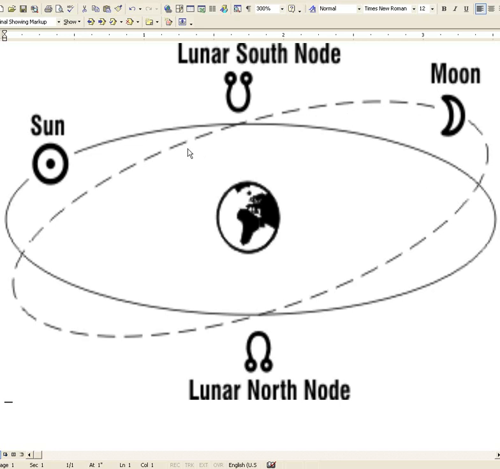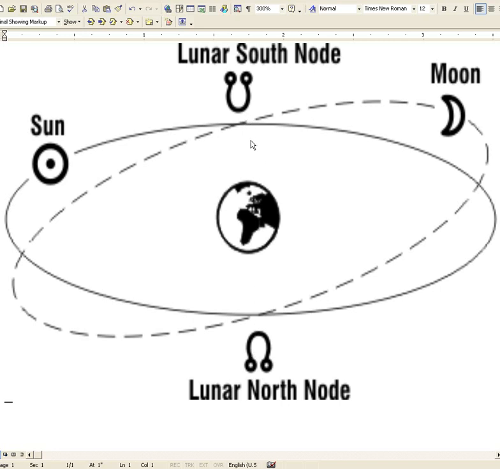This is this slash line. At the points of intersection, and there are 2 points called the north node and the south node, is what creates the lunar north node and the lunar south node.